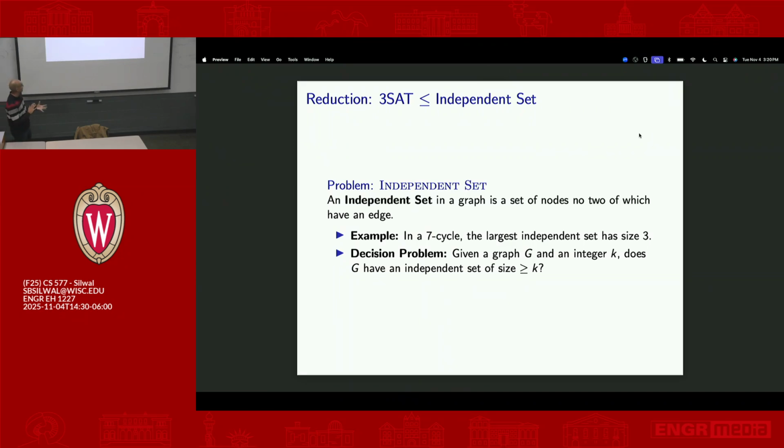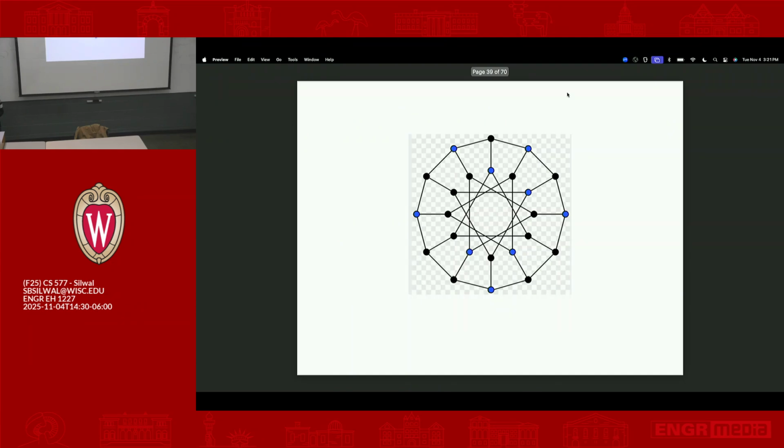Okay, the graph problem is called the independent set problem. The problem is as follows: I give you a graph and a value k, and I want to know, does the graph have an independent set of size greater than or equal to k? So what is an independent set? If I give you a graph, an independent set is a subset of nodes that have no edges between them.